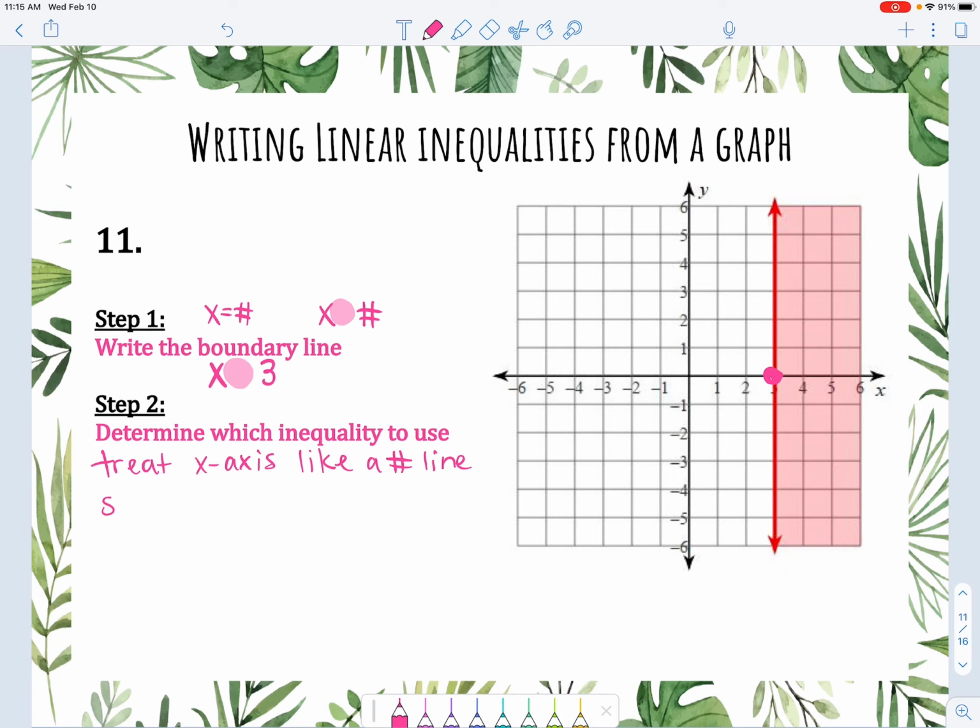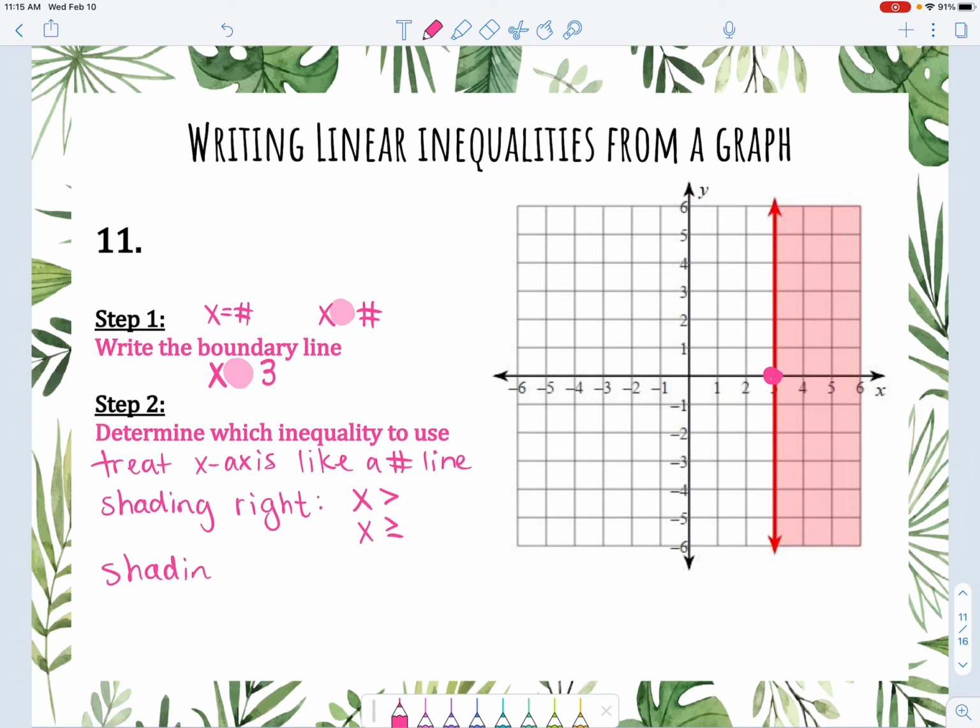If my shading is to the right, then you're going to use x is greater than or equal, because all of these numbers, if I just looked at the x-axis like a number line, 4, 5, 6, all these numbers are greater than 3.